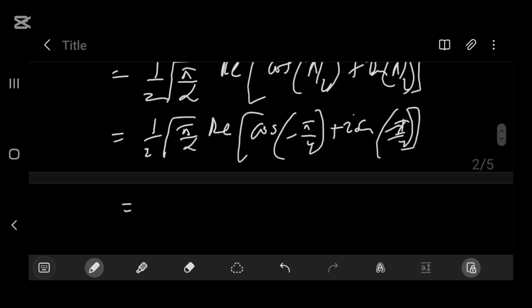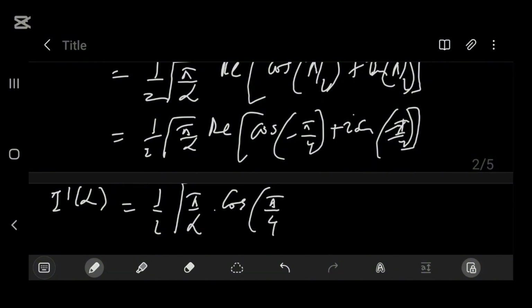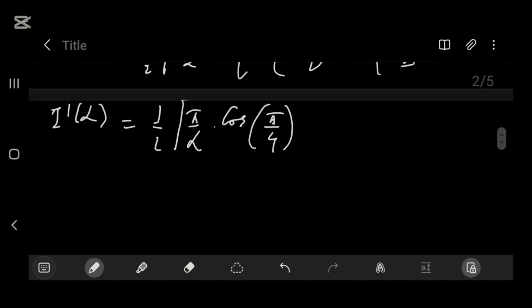By taking the real part, I prime of alpha equals half times the square root of pi over alpha, times cos(pi/4). We don't have to worry about the minus because it's cosine. Cos(pi/4) is 1 over root 2, so we have half times root (pi/2), and I'm going to take the alpha outside.